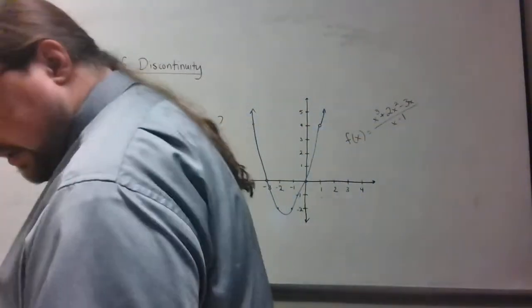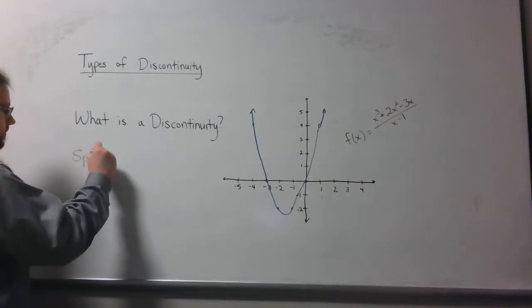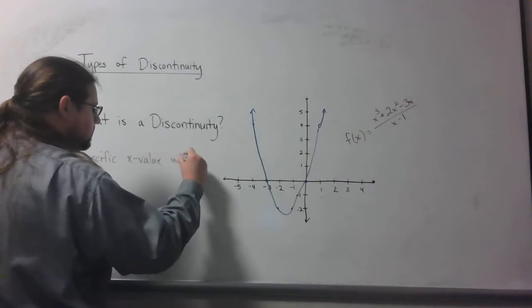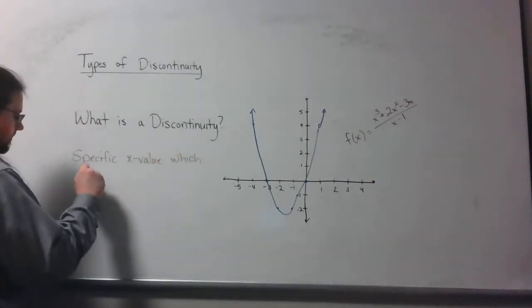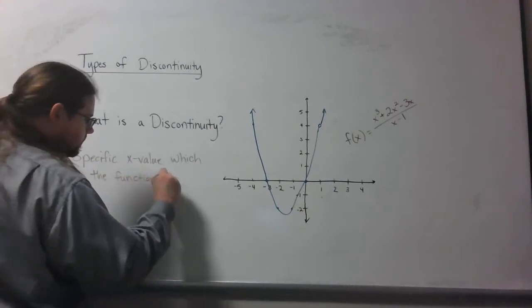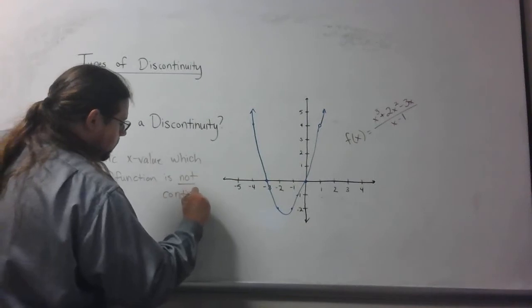A discontinuity is a specific x value for which the function is not continuous. Now, that's the thing.